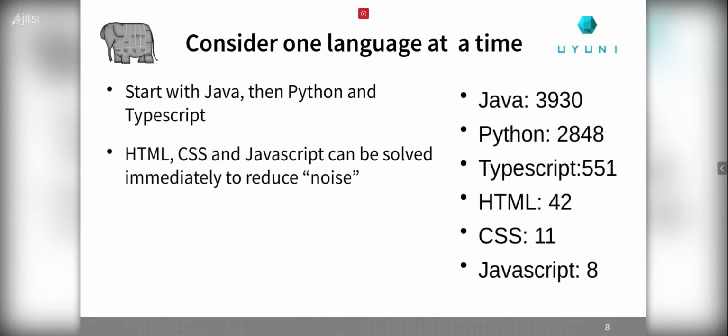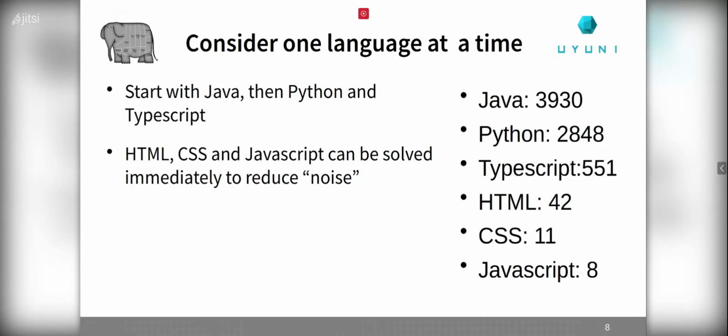So let's consider one by one. First of all, let's go for one language at a time. I decided to start with Java just because I don't know Python or TypeScript, and also because it has the highest number of issues. And this will allow us to gather some experience that can be used in the next languages, basically. I will need some help to find some Python and TypeScript experts in the community to get in touch with for the next steps, of course.